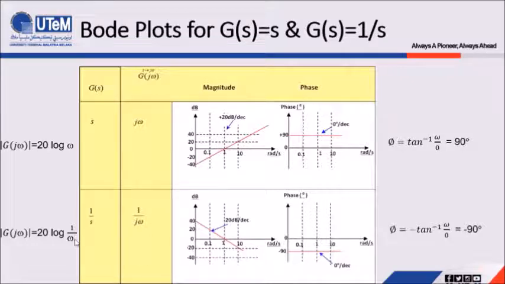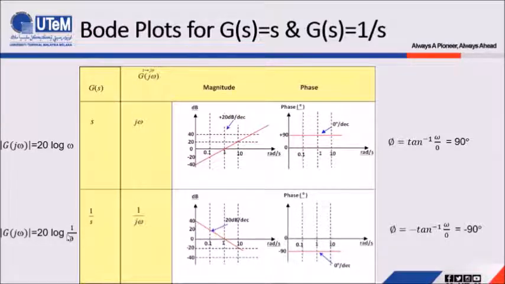When we put omega equal to 0.1, log of 1 over 0.1 is equal to log 10, and log 10 is equal to 1. So the magnitude for G(j omega) becomes 20. That's why when the frequency is at 0.1 radian per second, the magnitude is at 20 dB.